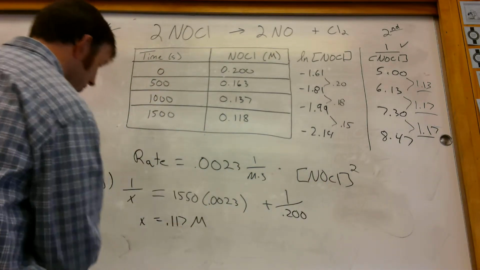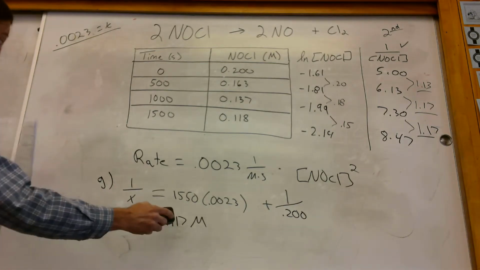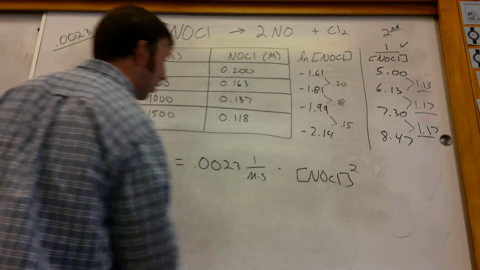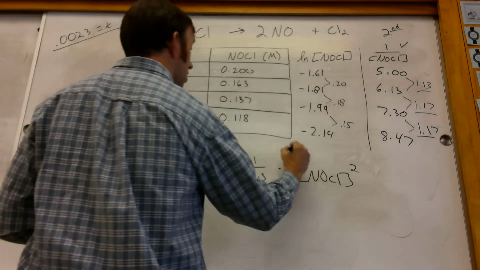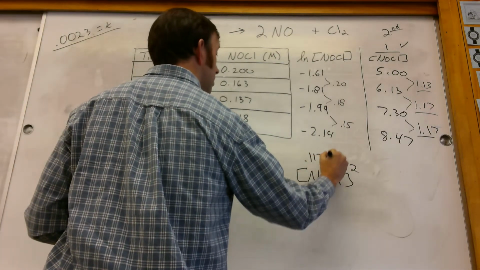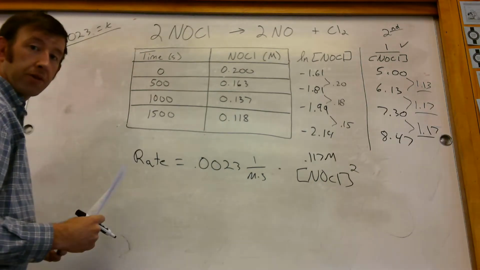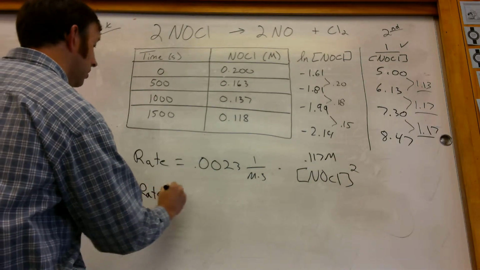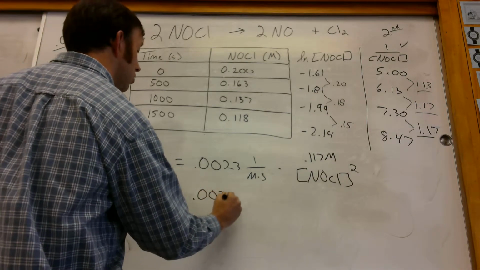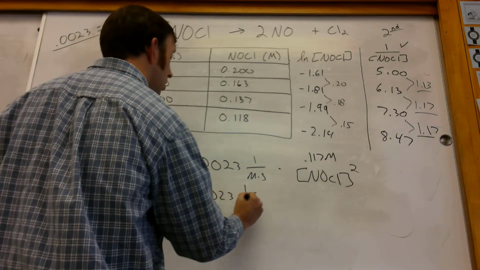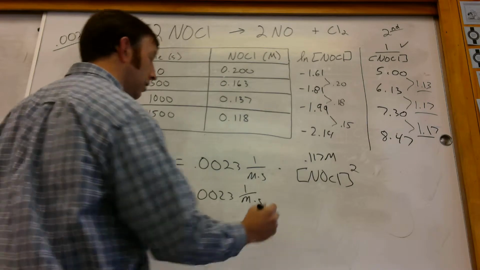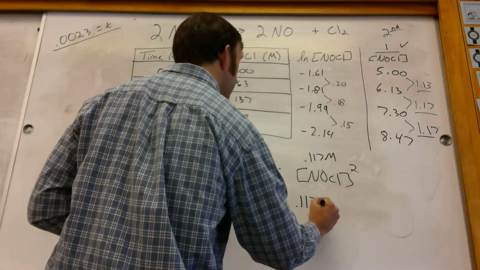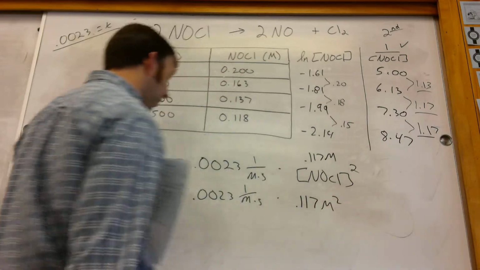I'm going to erase this just so I have space. This is 0.117, so I don't forget. So I'm going to go rate equals 0.0023 times 1 over molarity times seconds times 0.117 molarity squared.